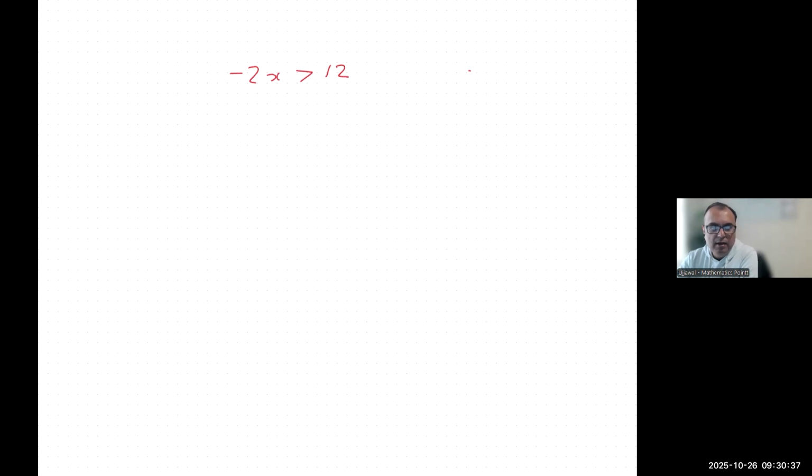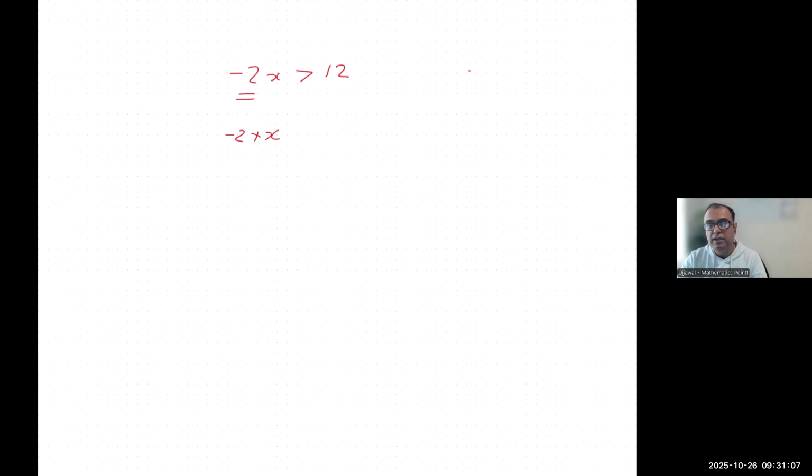A lot of you have given me the right answer. A few of you have given me an incorrect answer. Let's quickly check what it is. Before I solve this, an important rule for inequalities needs to be understood. In this scenario, I have a negative 2 being multiplied by x.